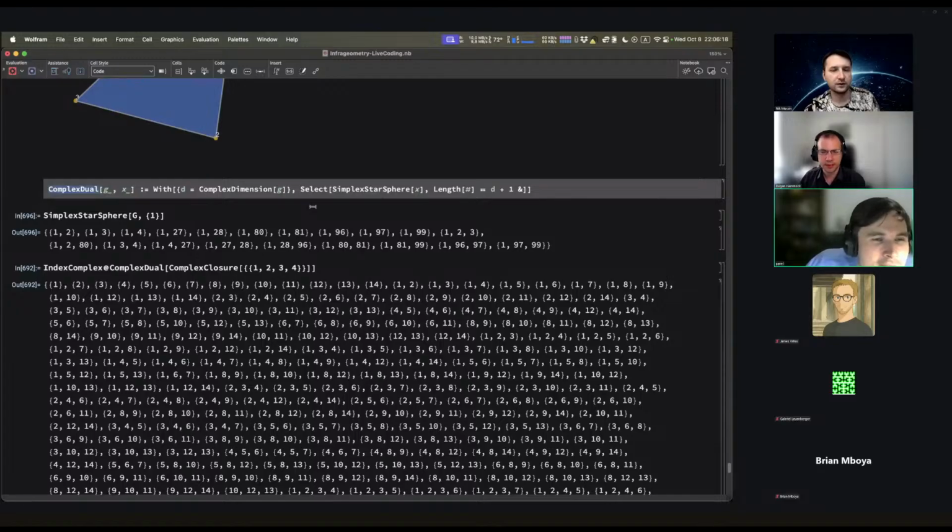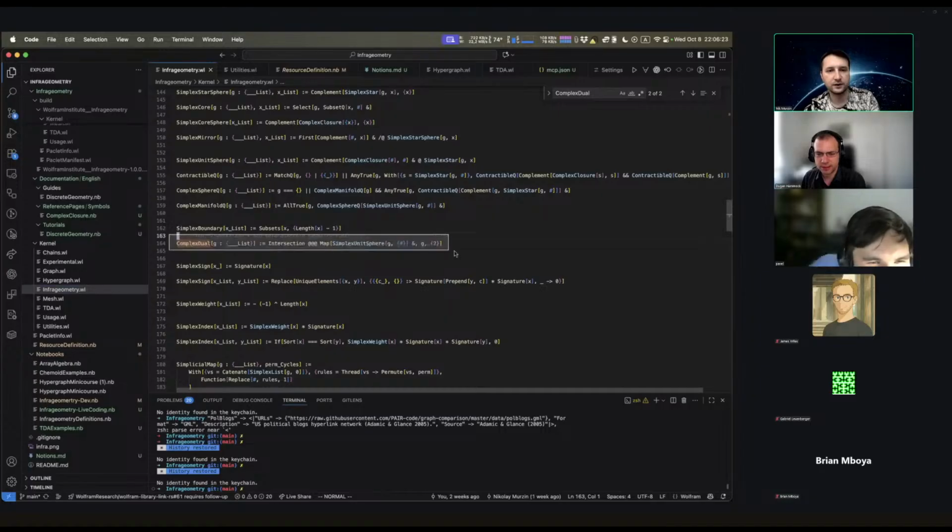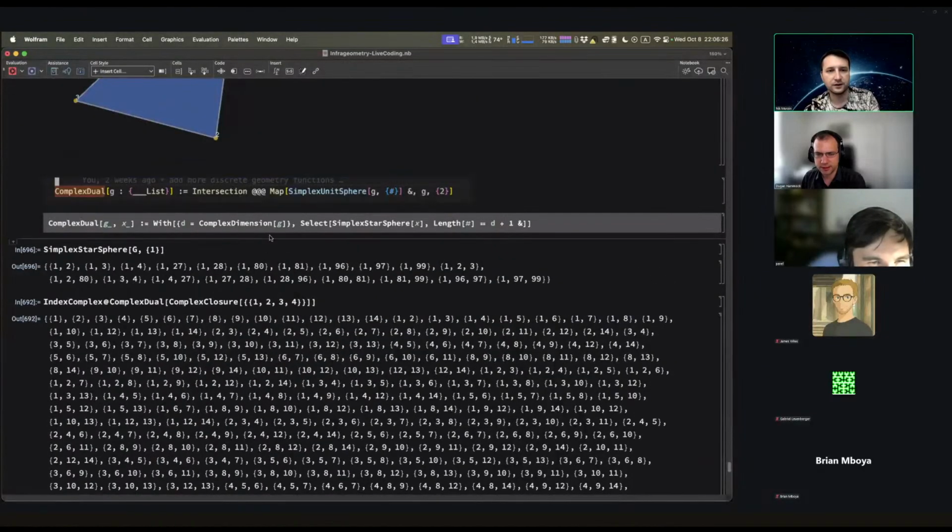Can you show what was the original definition of the dual? Original is this. Okay. What is that doing?